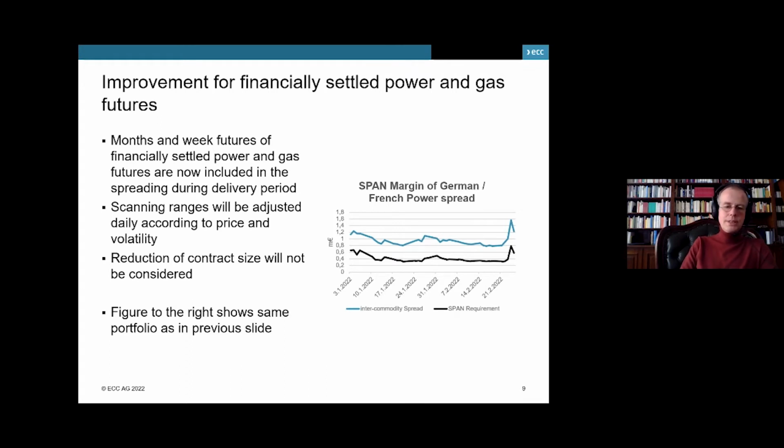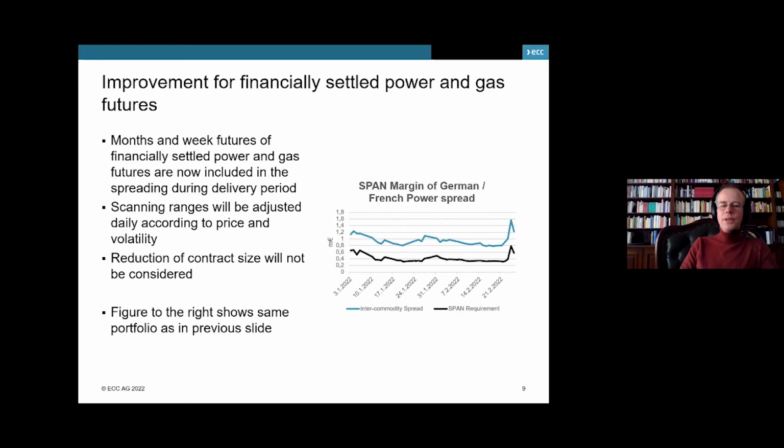So we just calculate a new scanning range of its own, which is different from the scanning ranges we had previously. And the important thing is now we still include them in the spreading, so you get much smaller intercommodity spreads. And that, I think, should release your margin requirements significantly.